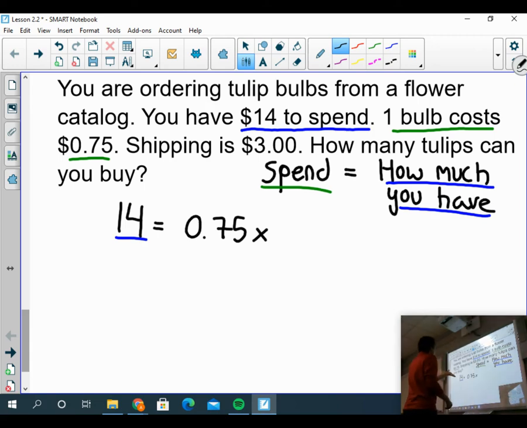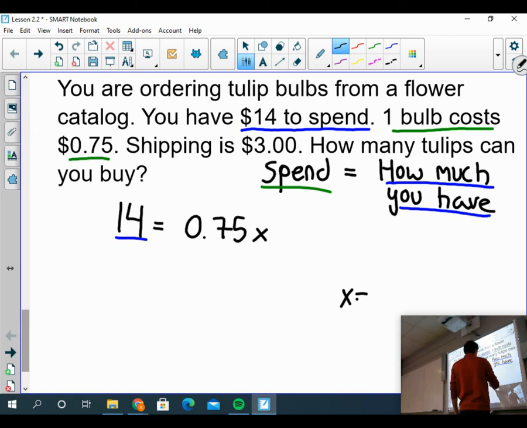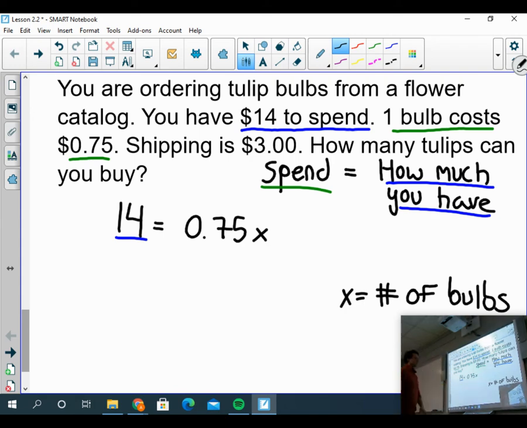And I am going to multiply that by how many I end up getting. Again, the logic being, if I want 5, then 5 times 0.75 will give me how much I'll spend. So over here, just to make sure I know what's going on, I'm going to label what X stands for. X is the number of bulbs, which we don't know quite yet. So we're putting a variable there, kind of stands in place until we know what it is.